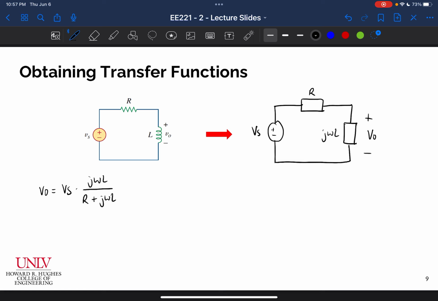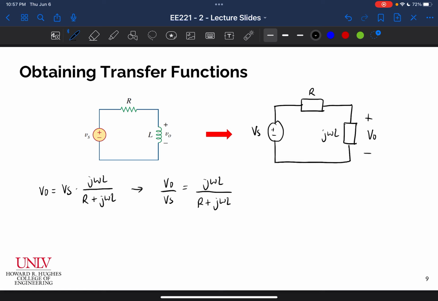And so what I can do here is divide both sides by Vs. And so I can get my transfer function V out over Vs right here to be equal to j omega L over R plus j omega L.